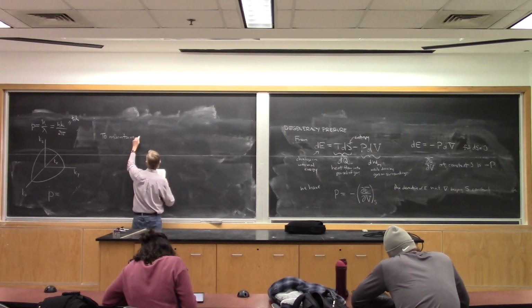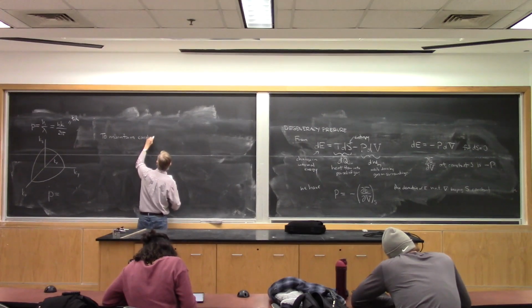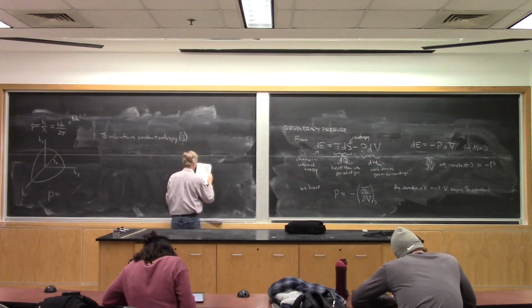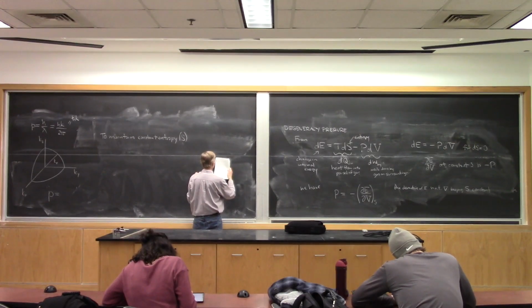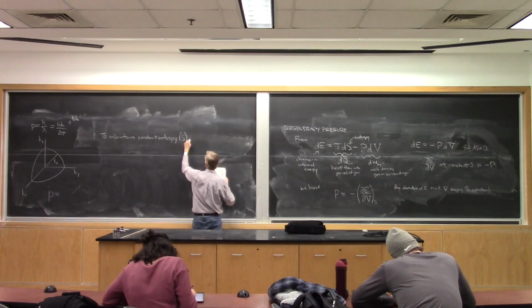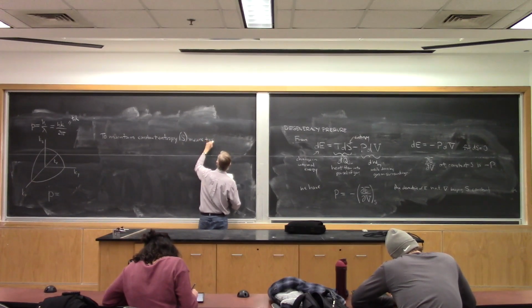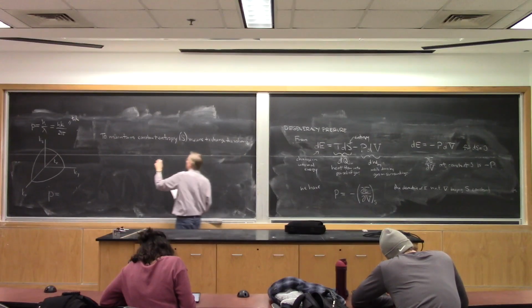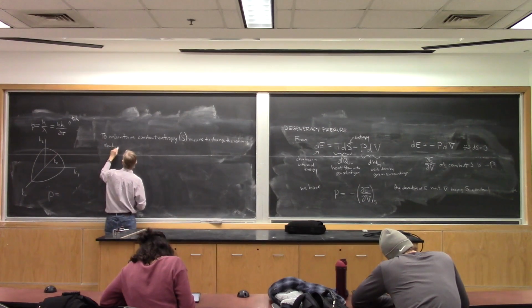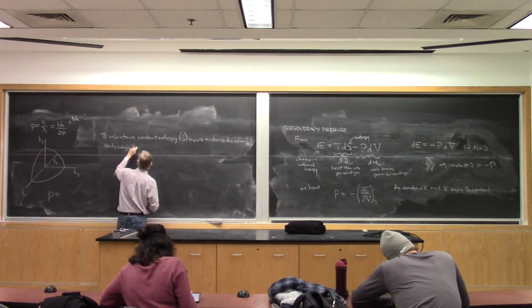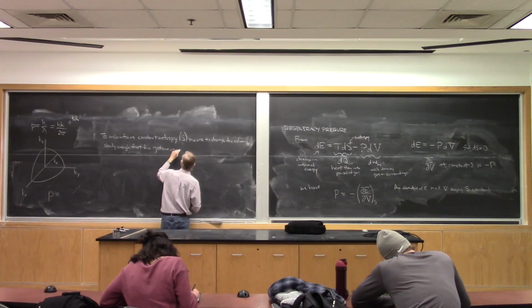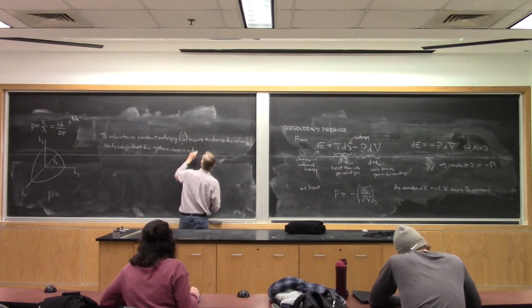To maintain constant entropy, S, in other words, means to change the volume slowly enough so that the system remains in the ground state at all times. And it remains in the ground state at all times.